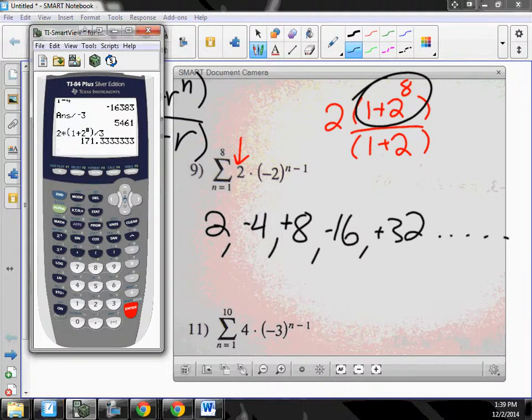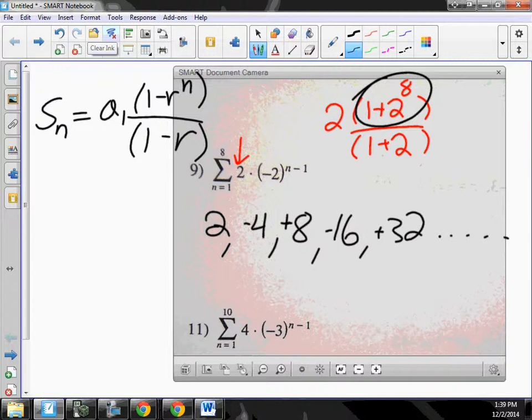The formula states 1 minus r to the n, right? So it's 1 minus -2 to the n. But this n is on the -2, right? So, can I combine this negative and that negative?